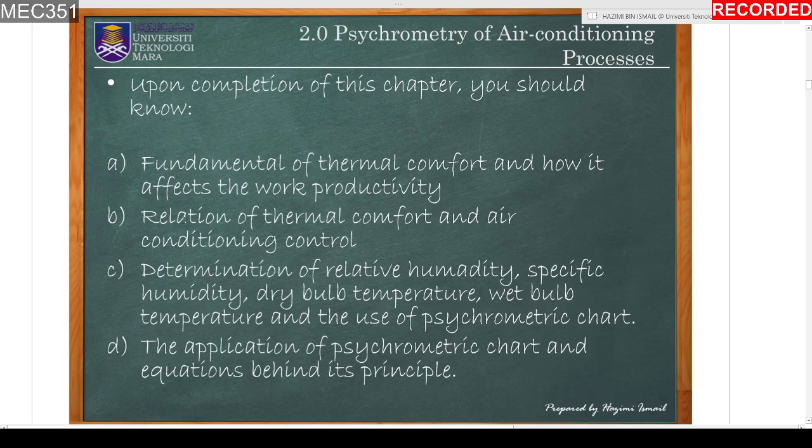Students should also know the relation of thermal comfort and air conditioning control, because thermal comfort and air conditioning are very related, and we are going to know what will affect the aircon if the thermal comfort changes.